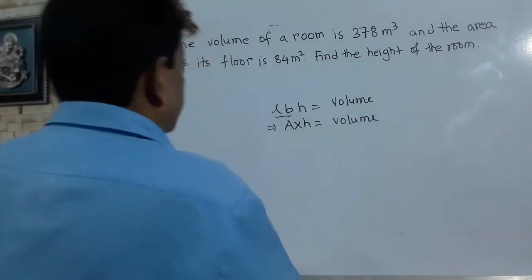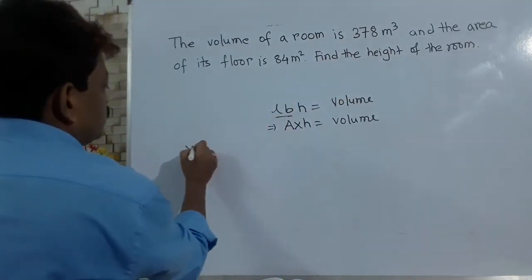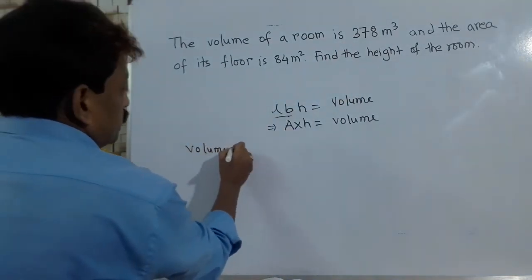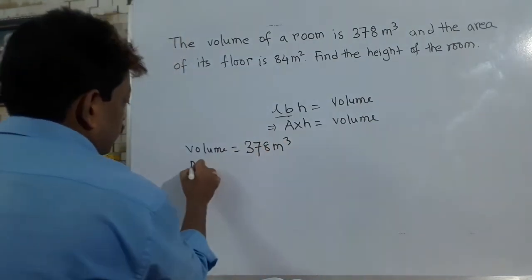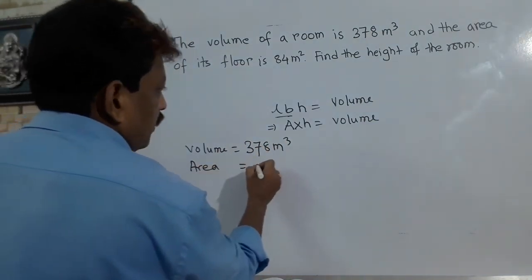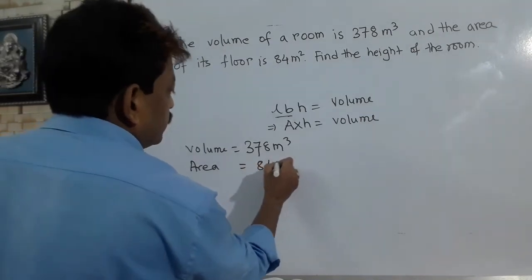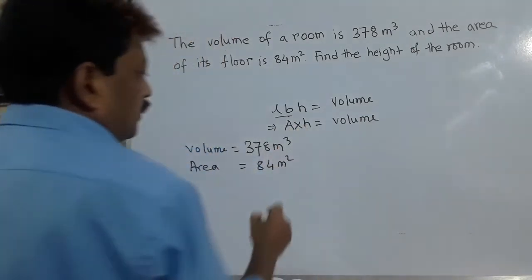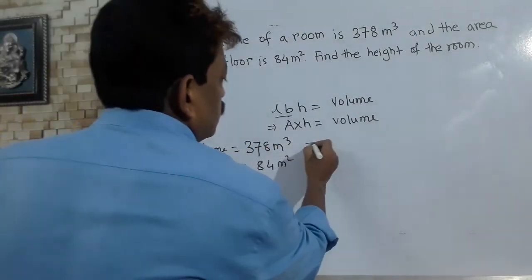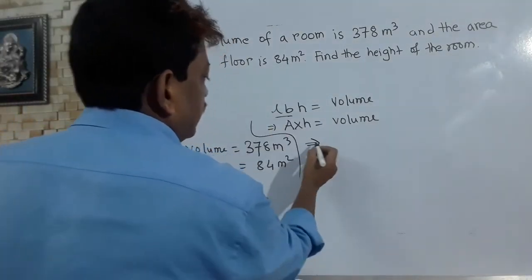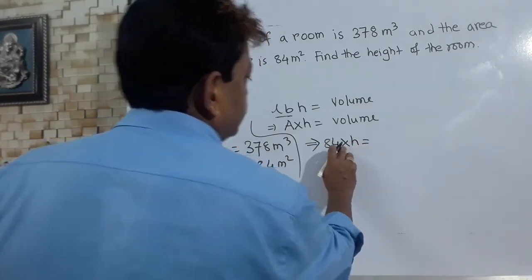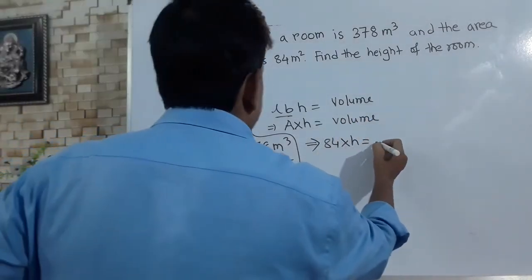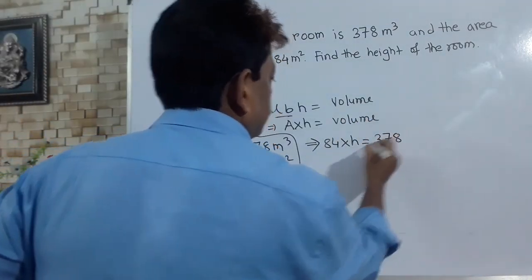Okay, so here I am going to use this formula, area into height equals volume. Now see, what are the things given here? The volume is given, 378 meter cube, and area of the floor is given, 84 meter square. So if these values are replaced here, area means 84, height is not known, so height is h, equals volume is 378.